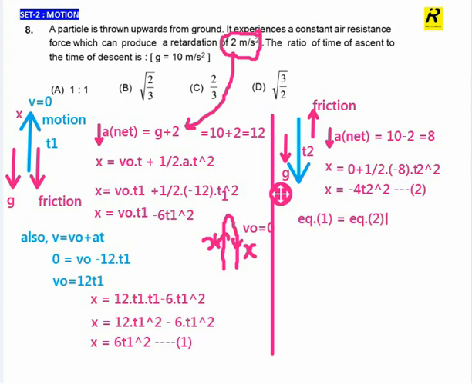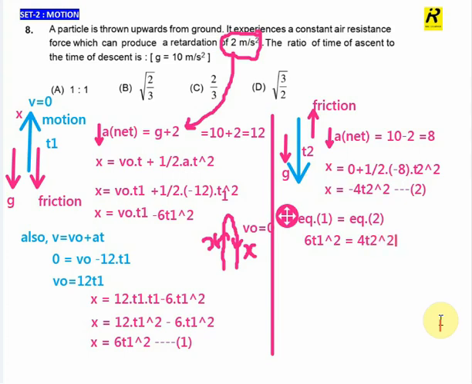One more thing you should remember here: the magnitude of x is leaving this negative sign, so I just use the magnitude. So on this side, what I can write is 6 t1 square is equal to 4 t2 square.